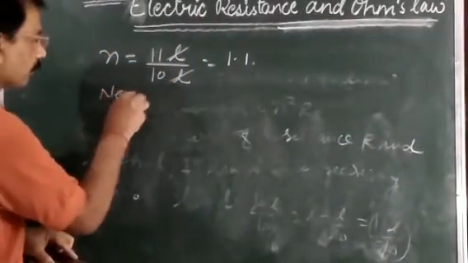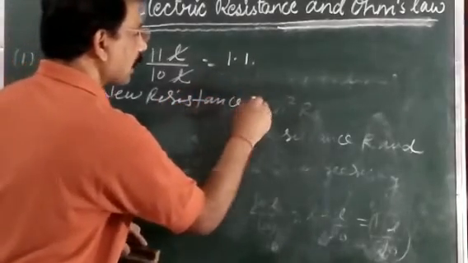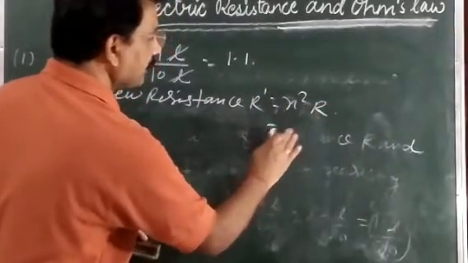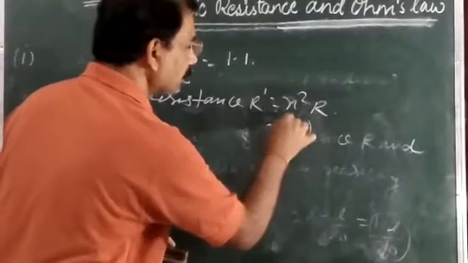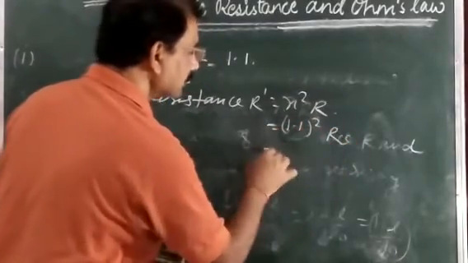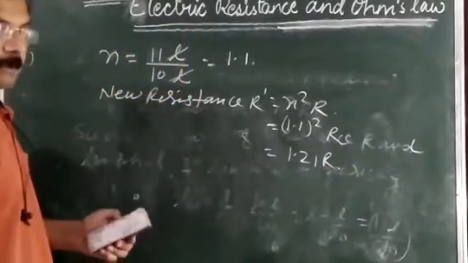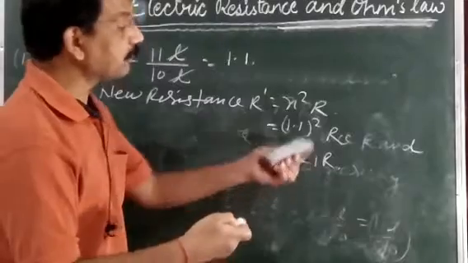Then the new resistance R dash becomes n square R. n square is 1.1, so 1.1 whole square into R, then you will get 1.21R. But I am asking here, how many percent is this resistance increased?